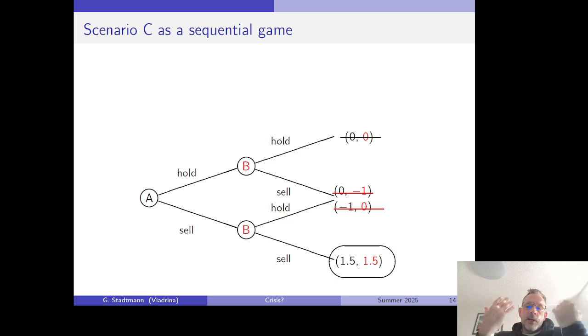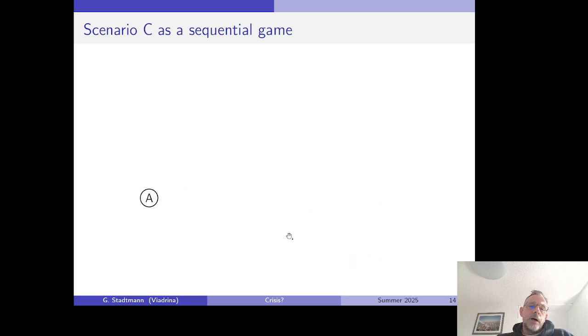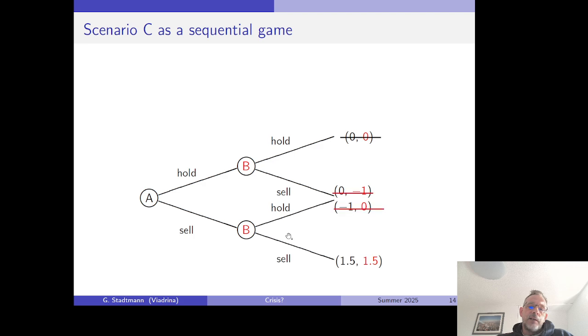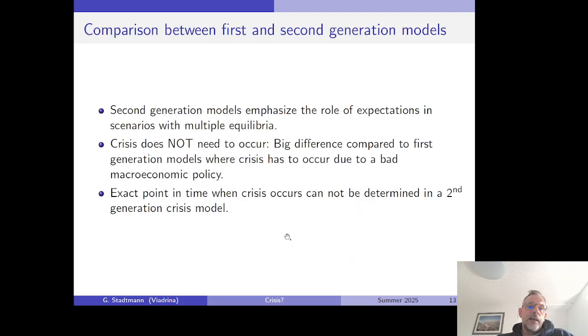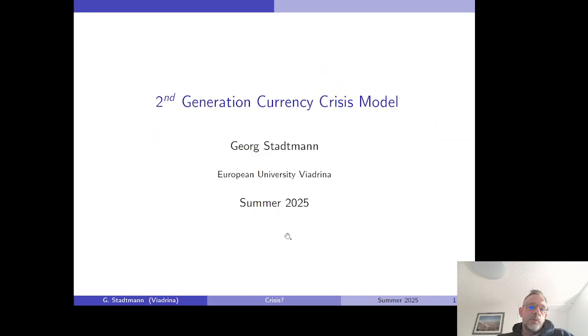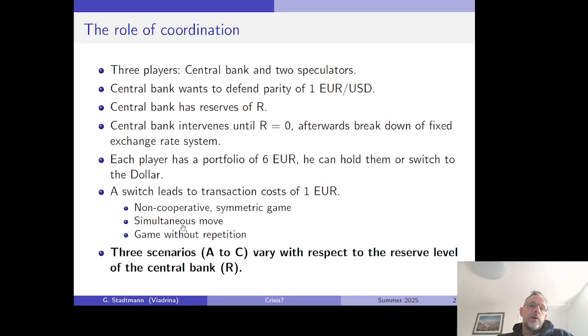So in a sequential game, this Nash equilibrium here is not subgame perfect. We have a single outcome, a single equilibrium, which is subgame perfect, and hence the system will be attacked and the exchange rate system is not stable. So this decision tree and the analysis emphasize that the assumptions we made in the beginning are very important.